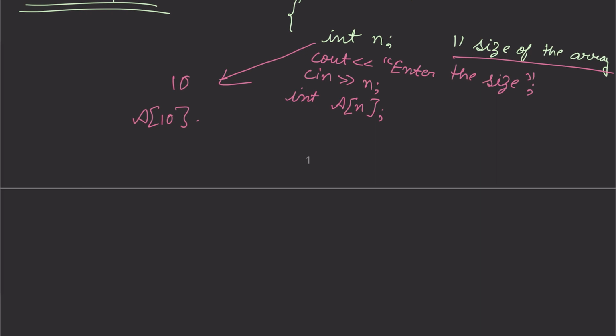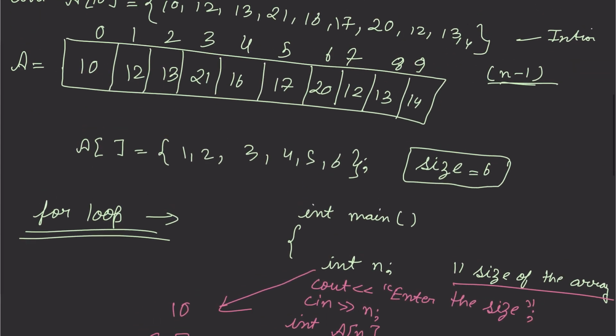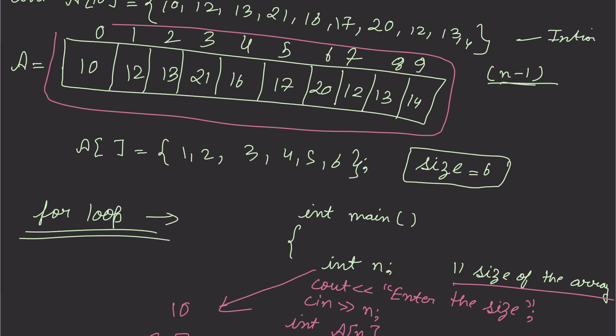Okay, now how to take values from the user? So for this let us consider this diagram as an example. Here user has entered 10, n is equal to 10, and indexing starts from 0 to 9.